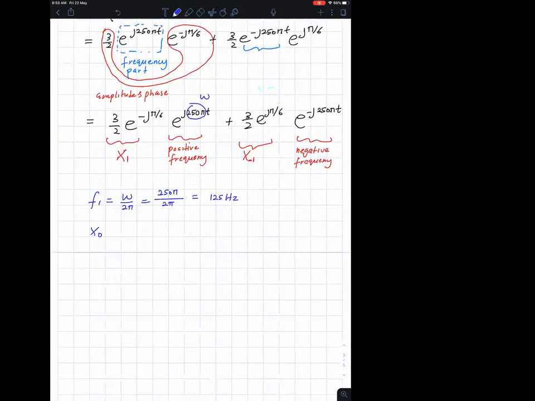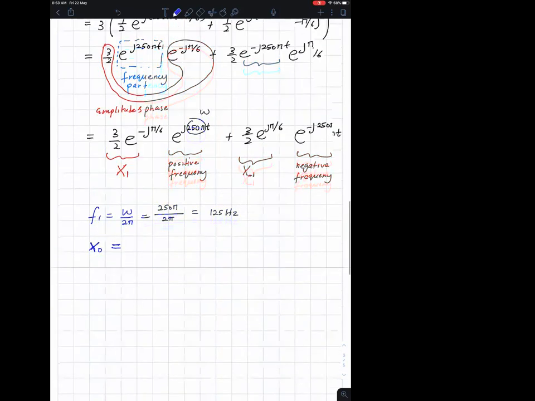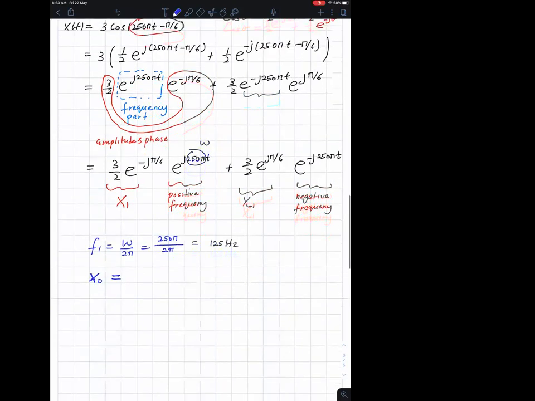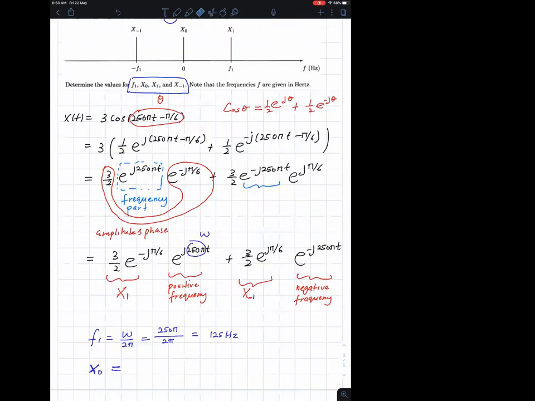What about the DC? DC equals to what? What is a DC? Jivinder, what is a DC value? X0 is the DC, right? So what is DC?